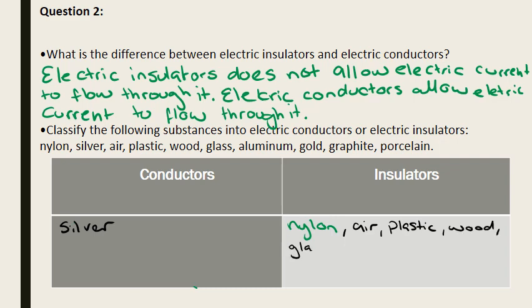Glass is an insulator. Aluminium is a conductor. Gold is a conductor. And graphite is a conductor. While porcelain is an insulator.